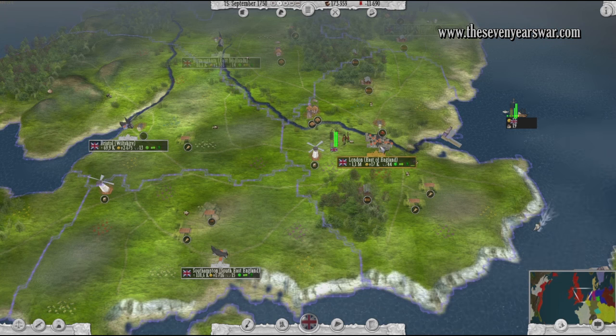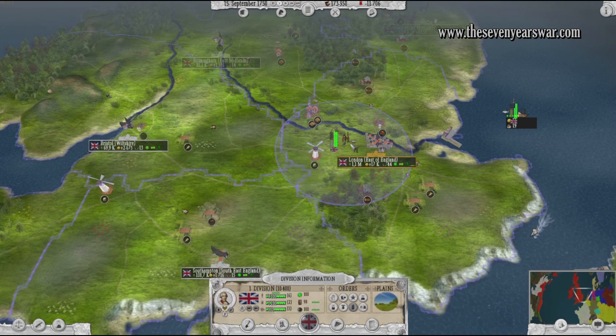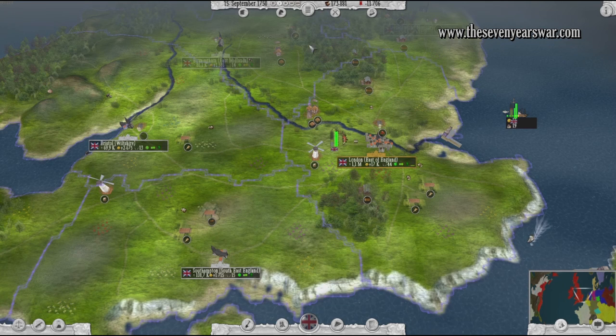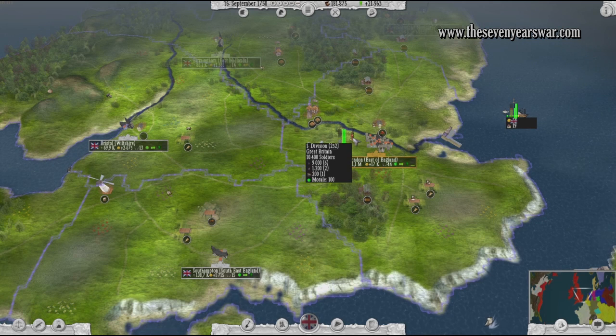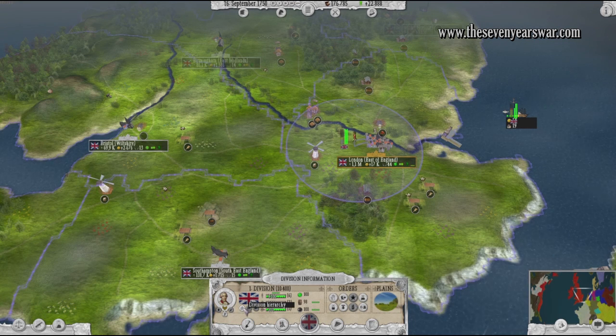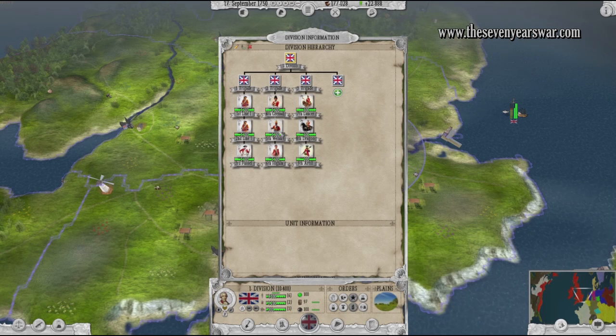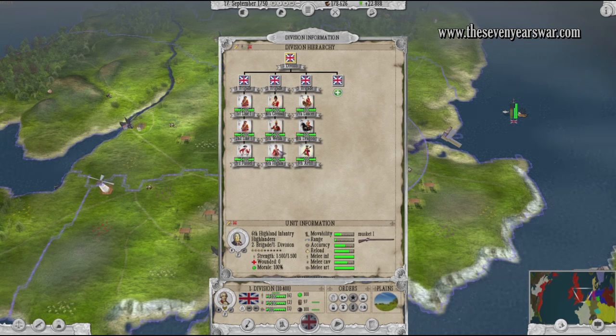Now the last thing I will show you is the upgrade of weapons. So move your army into city range. Let's accelerate game speed a bit. If you click at the hierarchy button and let's choose the 6th Highlander division, for example, there you can see they have got musket 1.